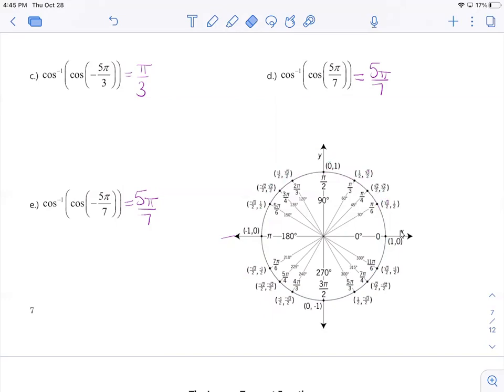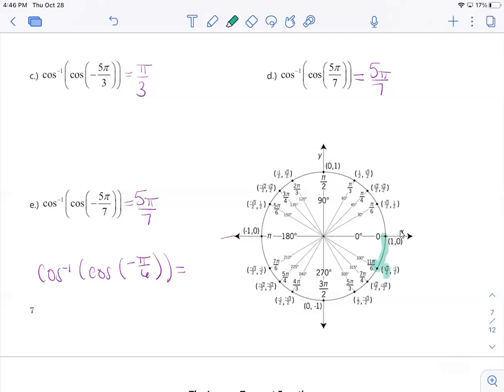Okay. So if I were to say inverse cosine of, let's just do negative pi over 6. Well, negative pi over 6 is here. My cosine is root 3 over 2.